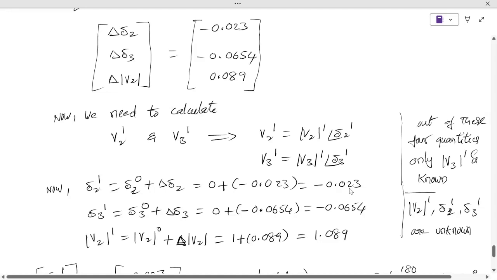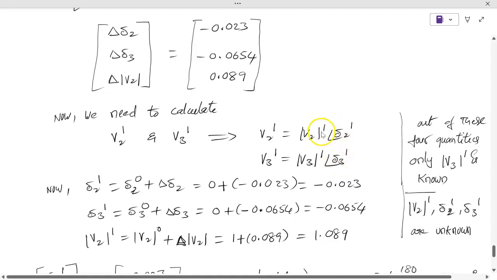So here we have 4 quantities. 2 are the magnitudes of the voltages, 2 are the angles of the voltage. Out of these 4, only this V3 value is known, that is 1.04, the PV bus voltage they have given. The remaining are unknown, just as per the flat voltage profile we have assumed.